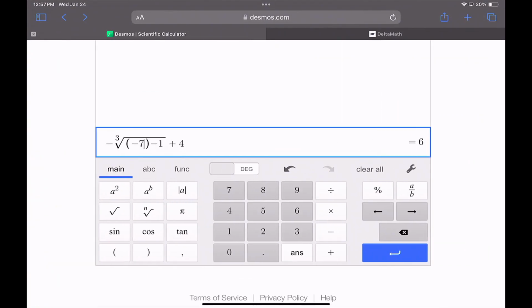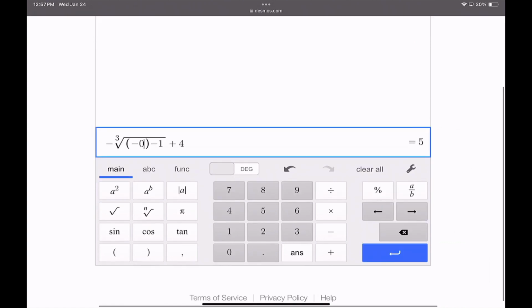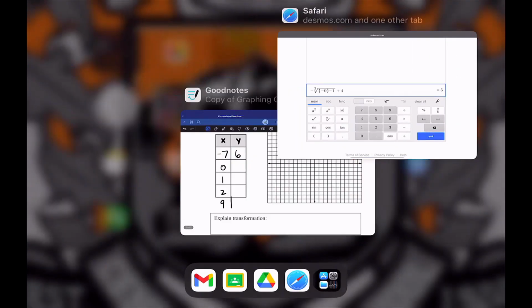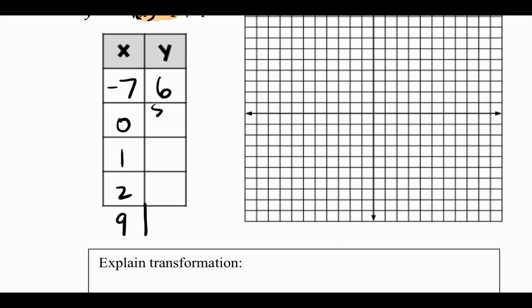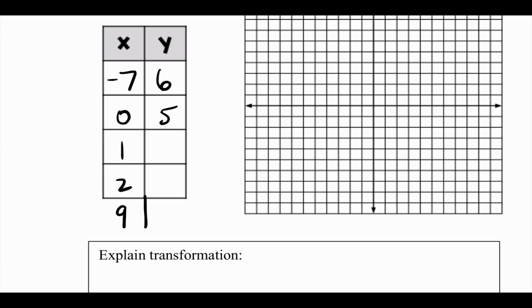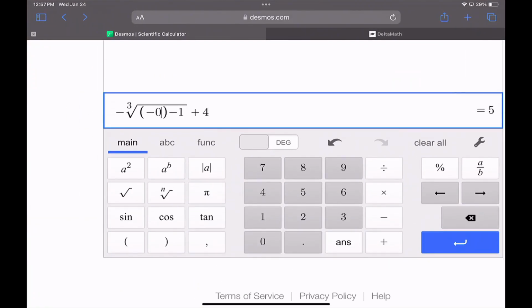Next number is 0. When I plug in 0, you get 5. When I plug in 1, I get 4.